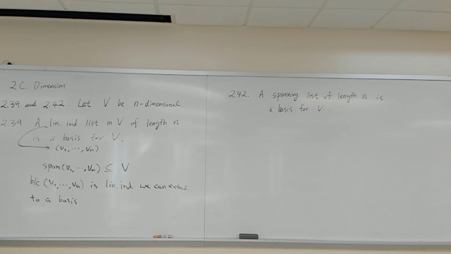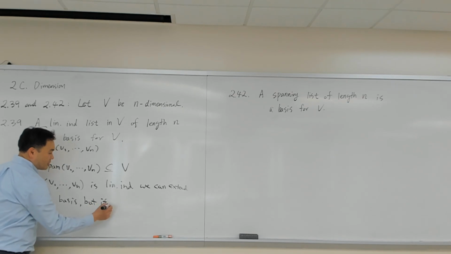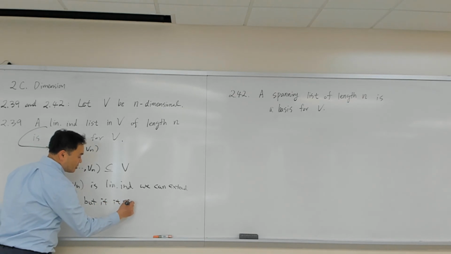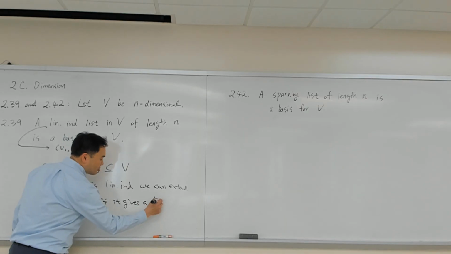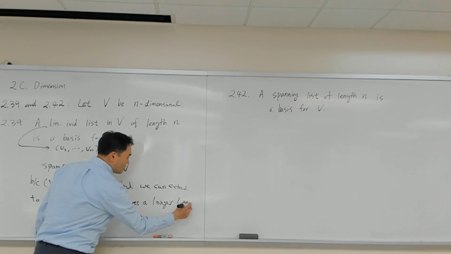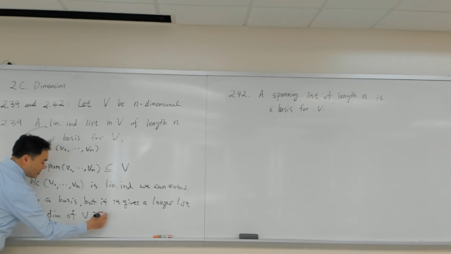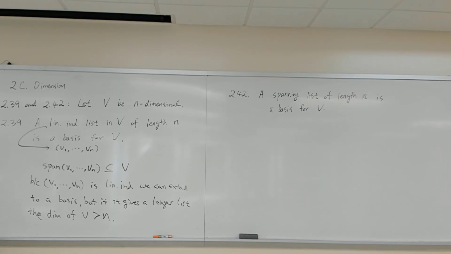But if it gives a longer list, then what contradiction do we get? The dimension of V is bigger than n, right? Because it became longer. So we can't extend, so that's it.